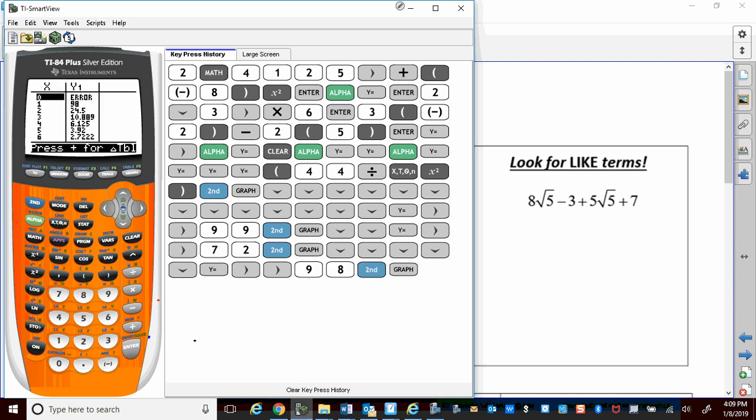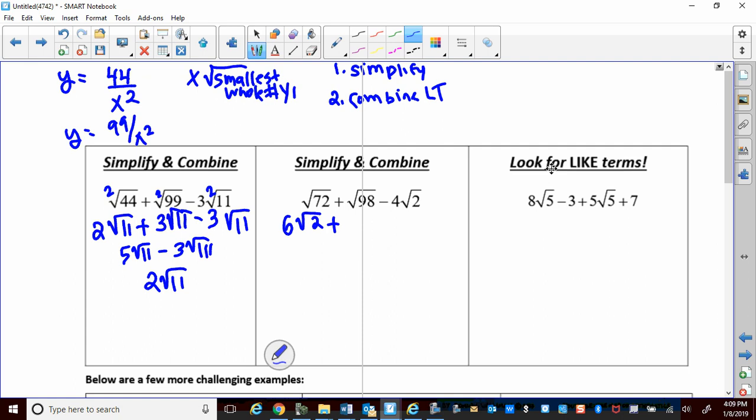Second table. That doesn't look right. 7 root 2 plus 7 root 2. Okay, combining like terms, I have 6 plus 7 is 13 root 2 minus 4 root 2 equals 9 root 2, right?